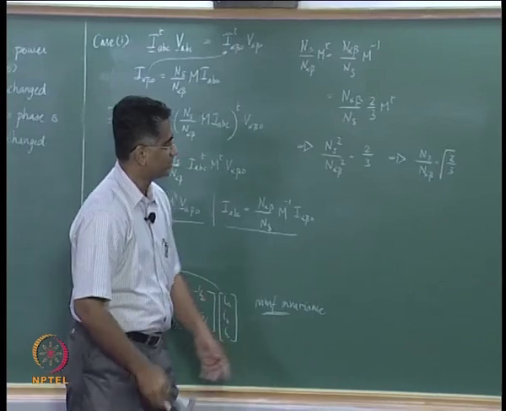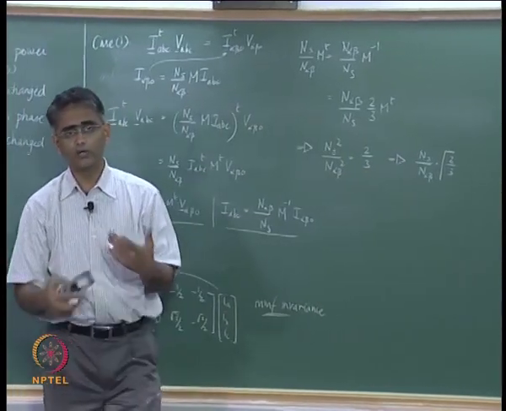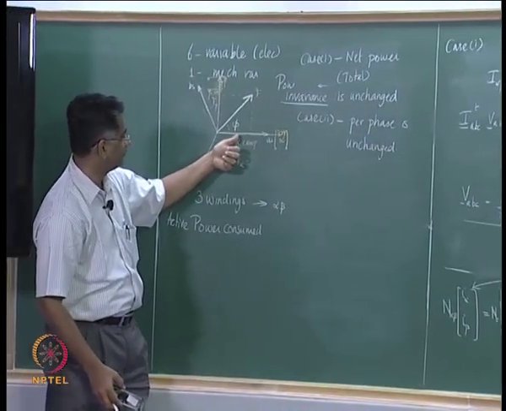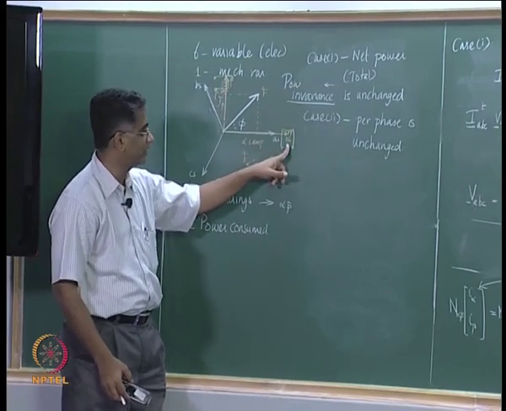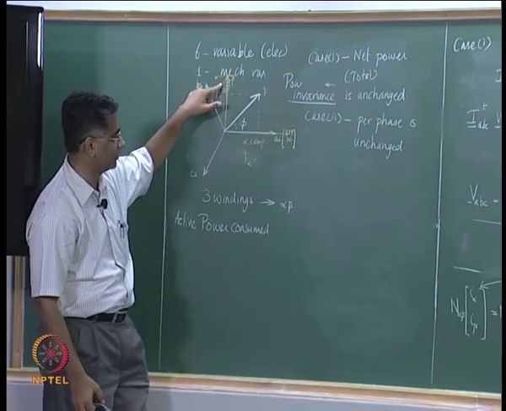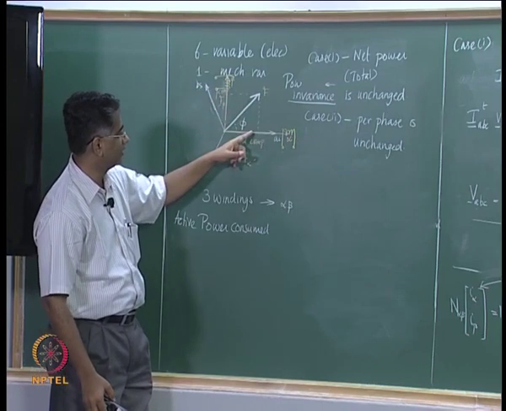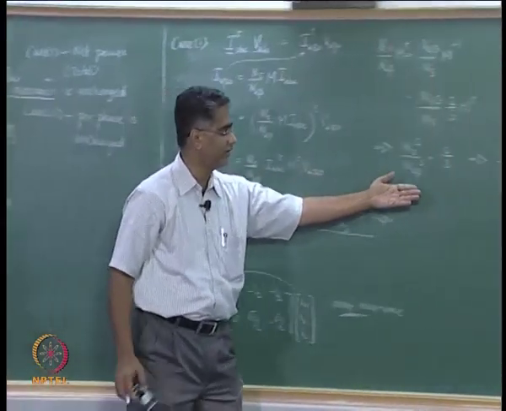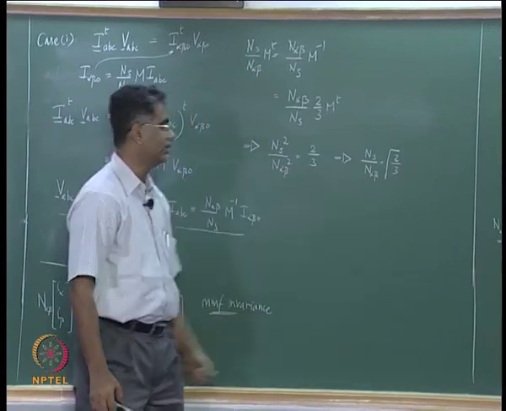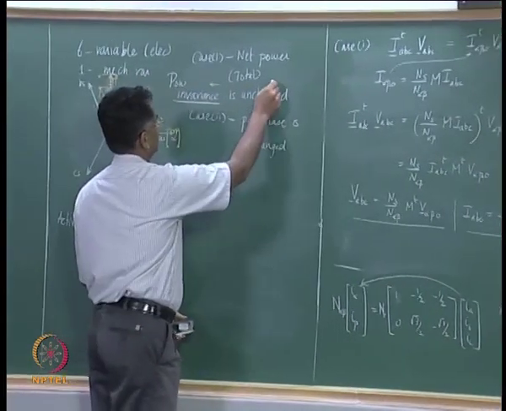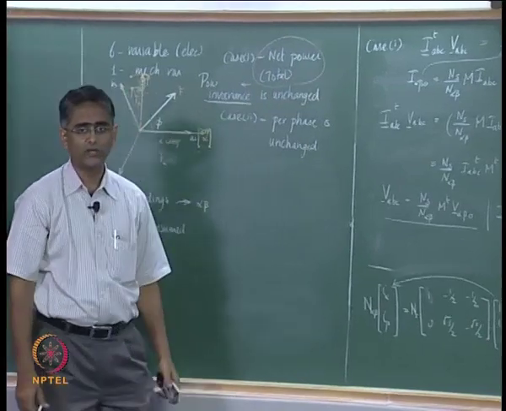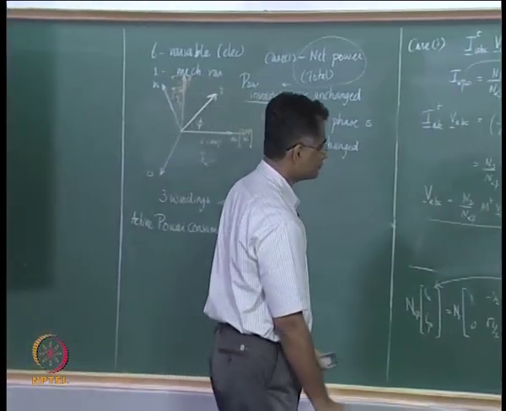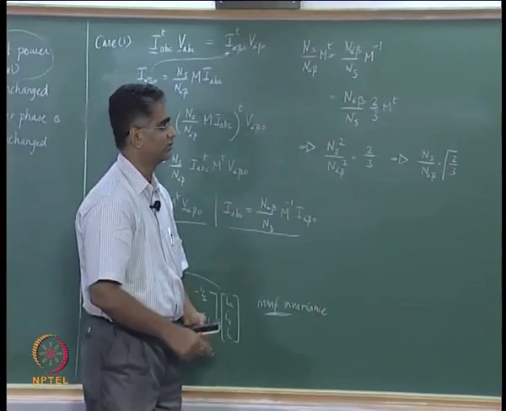So, if you choose ns by n alpha beta, that is the number of turns on the alpha beta winding here, and of course, the number of turns in the alpha winding is the same as the number of turns on this winding, these two are identical. Similarly, the turns on A, B, C are identical. The ratio of those two turns is what we have derived. If it is equal to square root of 2 by 3, then what we are saying is that the net input power is invariant. It is the same in the ABC system as well as in the alpha beta system. So, this is one approach.